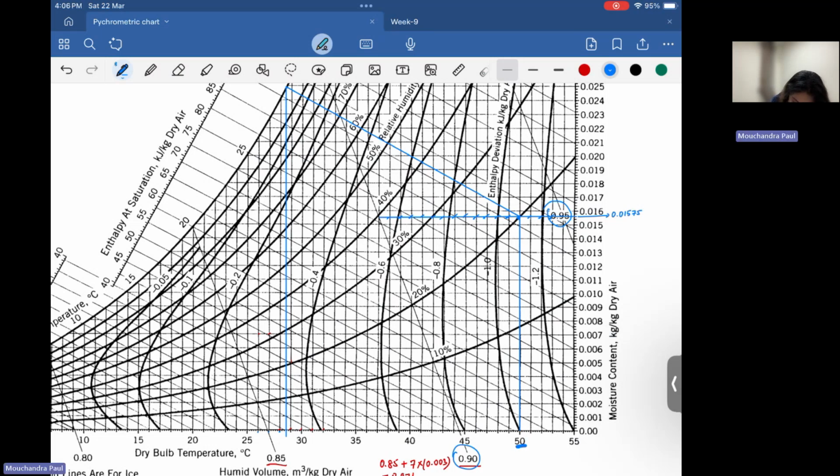Close to 16 points, and there's a difference of 0.05.